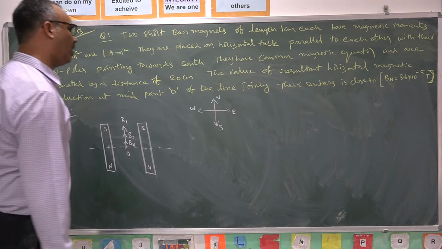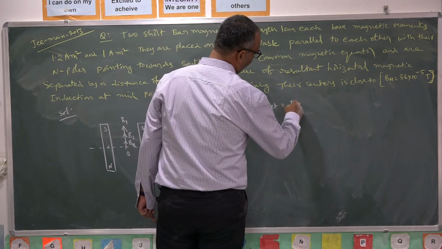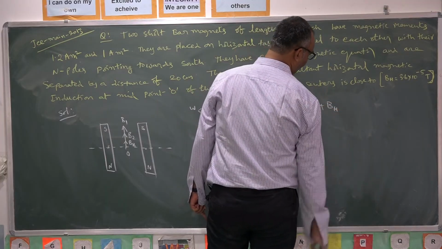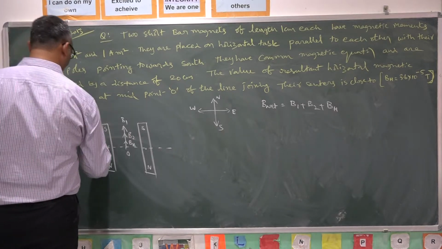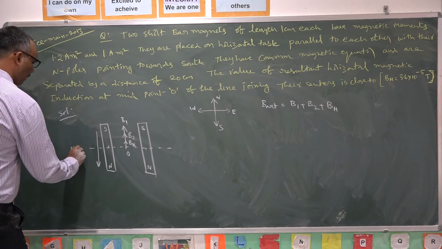We are required to find B net. B net is given by B1 plus B2 plus BH. The magnetic moment of the first magnet is M1 equal to 1.2 ampere meter square.